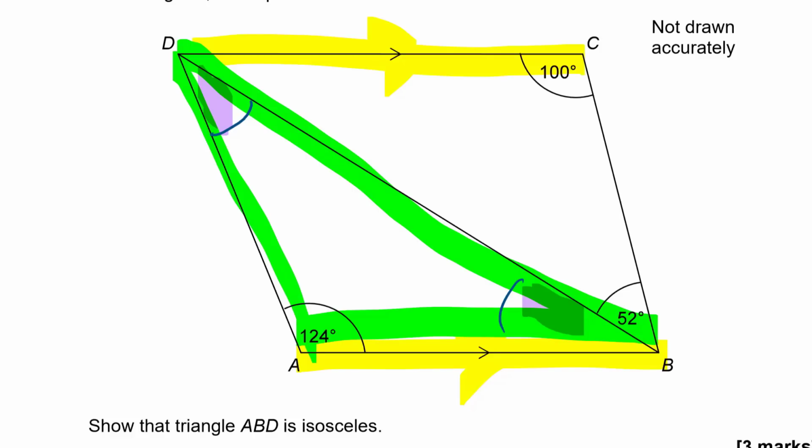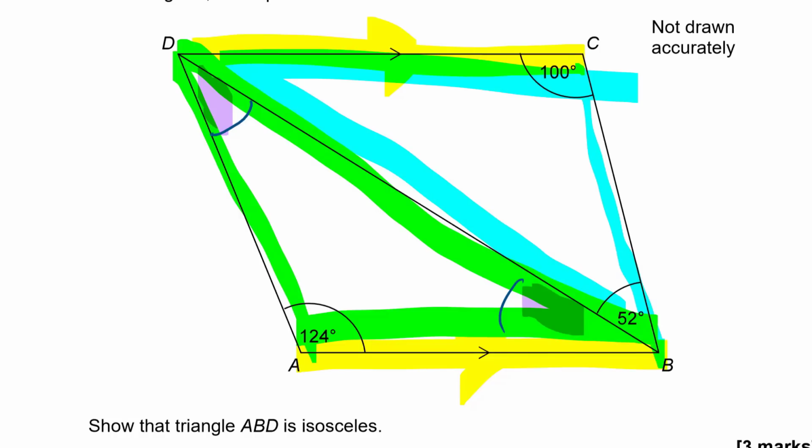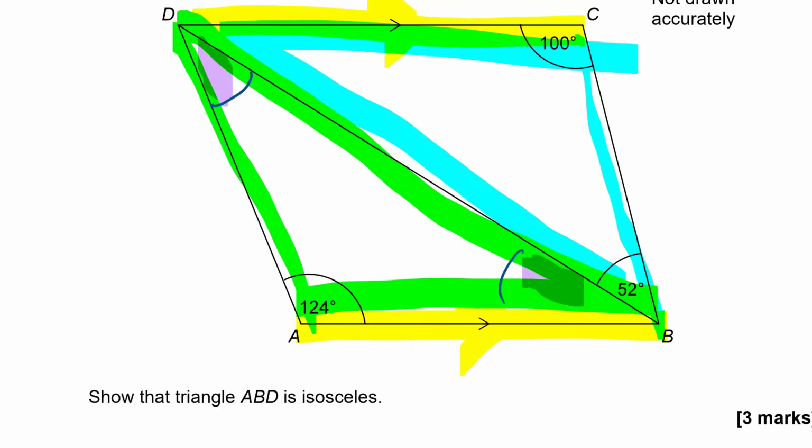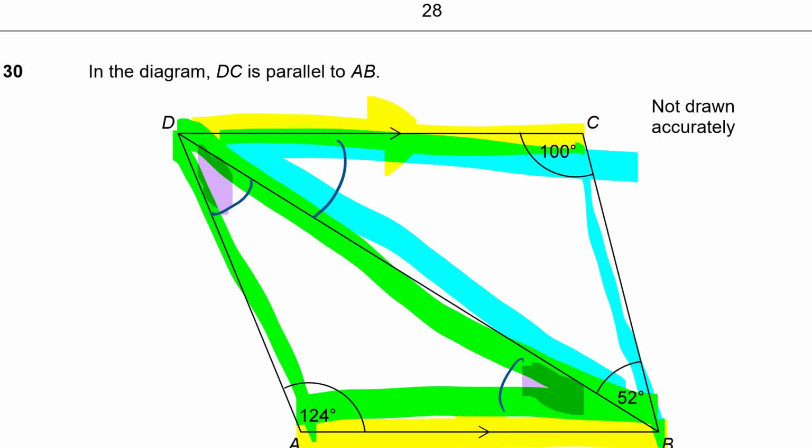Well, let's have a look at the other triangle first, the triangle BCD, which is, I'm making a bit of a mess of this diagram. It's this triangle over here, look. Okay, so the blue triangle, I know 2 out of 3 of the angles. I've got 100 and 52. So the angle up here is going to be, well, the angles in the triangle add up to 180 degrees, don't they? So 100 plus my 52 plus my angle there equals 180, doesn't it?